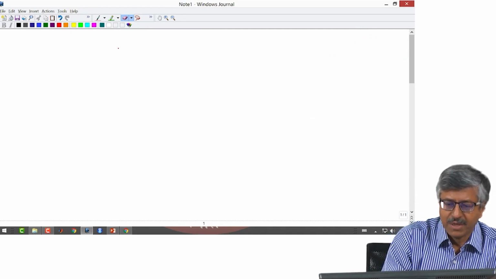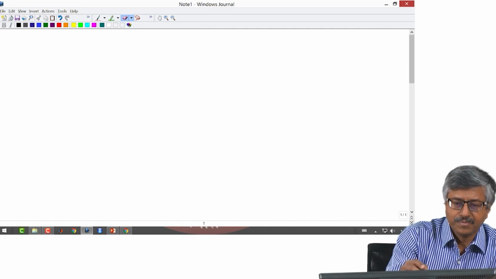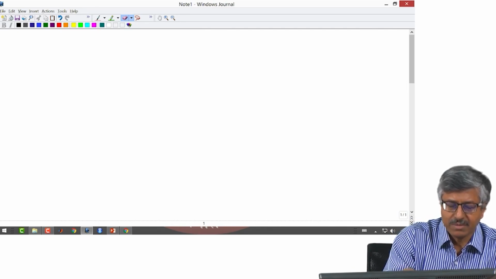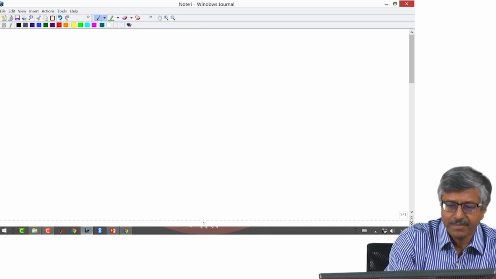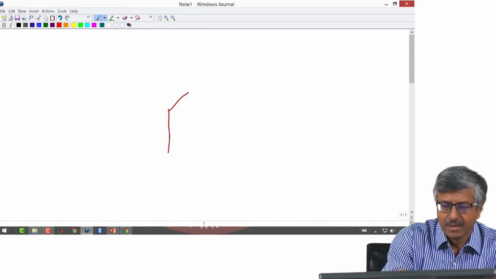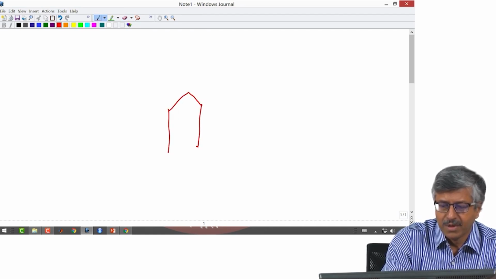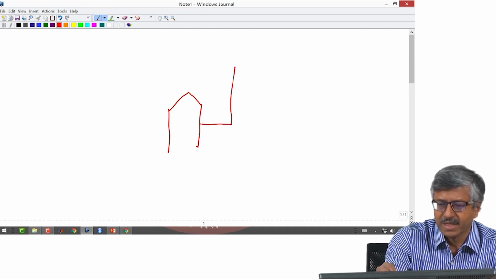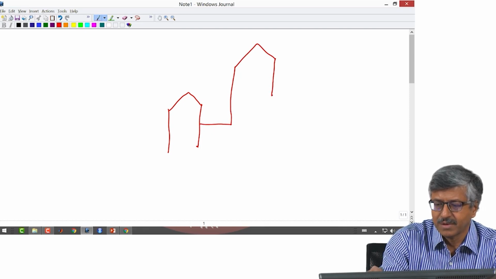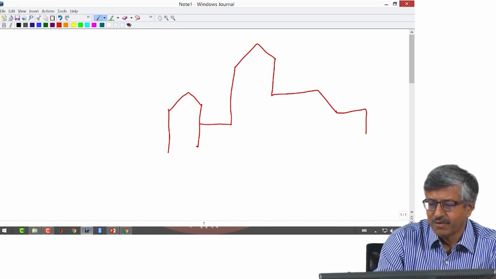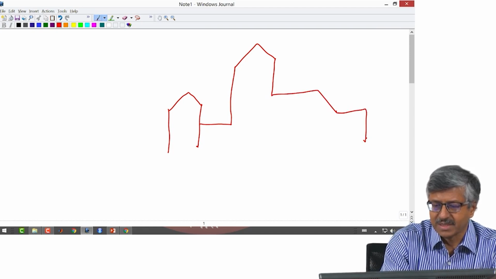For example, suppose you have a structure like this, then below that you have a small roof and another structure like that, some form of structures like this, let us say.